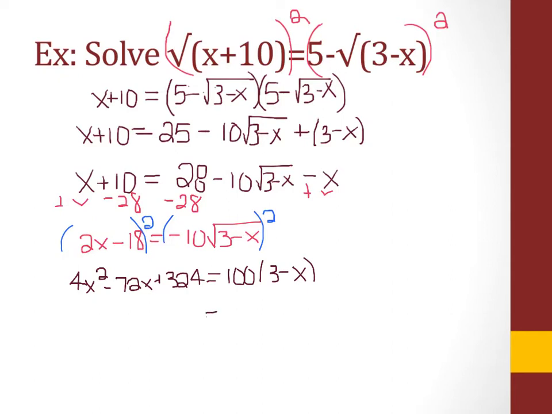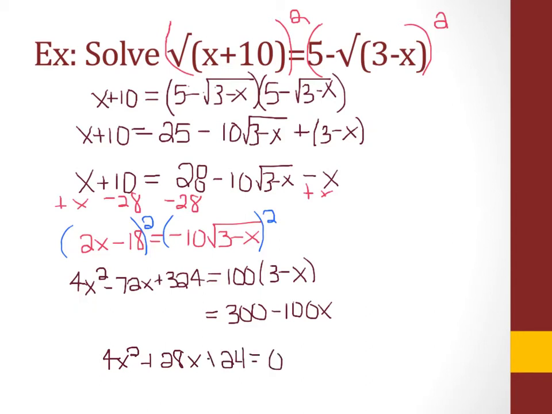Simplifying that right side even further would be 300 minus 100x. And once again we can try to set this equal to 0. After doing so, we would have 4x squared plus 28x plus 24 equals 0. And we'll continue with this example on the next slide.